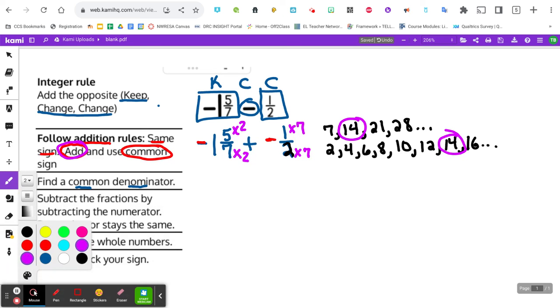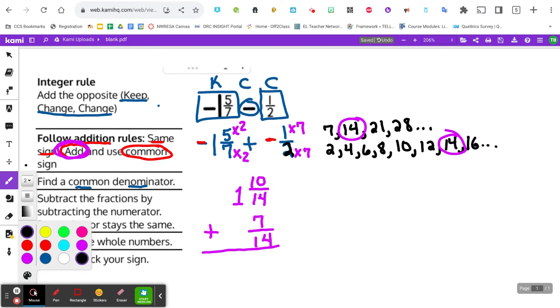So rewriting and stacking at the same time, that is going to be 1 and 10/14. And remember, I'm supposed to be adding. So I'm adding 7/14. Okay. So the next thing we need to do is to, and that shouldn't say subtract the fractions.